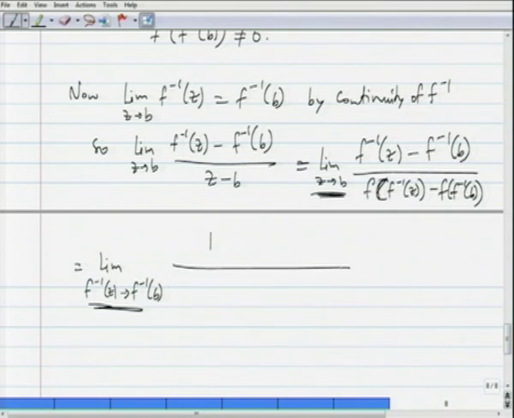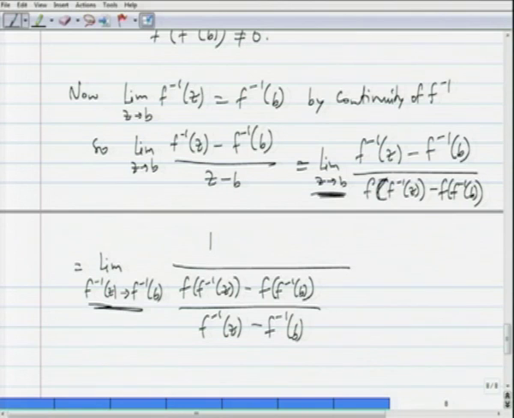So, this is 1 divided by the quotient of f of f inverse of z minus f of f inverse of B over f inverse of z minus f inverse of B. Notice that the denominator is nothing but the derivative of f at f inverse of B, and we know that is non-zero. So, this is equal to 1 by f prime of f inverse of B. This makes sense because f is conformal at f inverse of B.